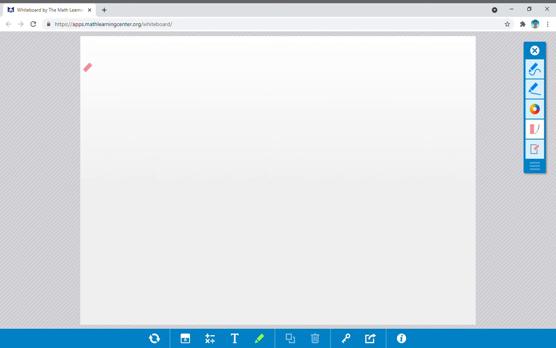So, example, let's say, okay, first I'm going to explain the sign. This is called the square root sign, or the root sign, or the radical sign, short rad, but it's called the root sign or the radical sign.